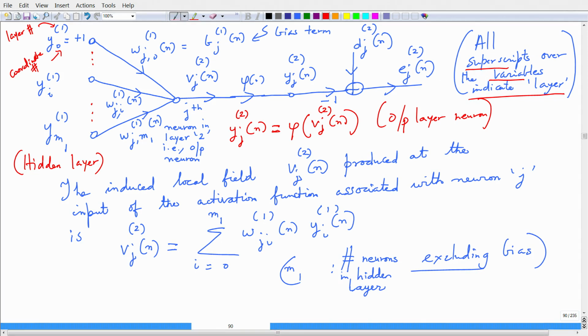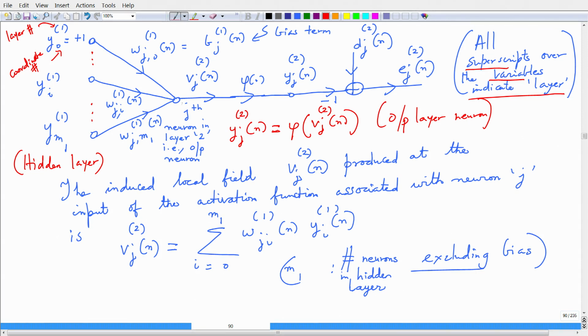Okay. Now we have all these functional signals, and these functional signals are connected through these synaptic weights. Let us imagine that we have a neuron in the output layer, right.